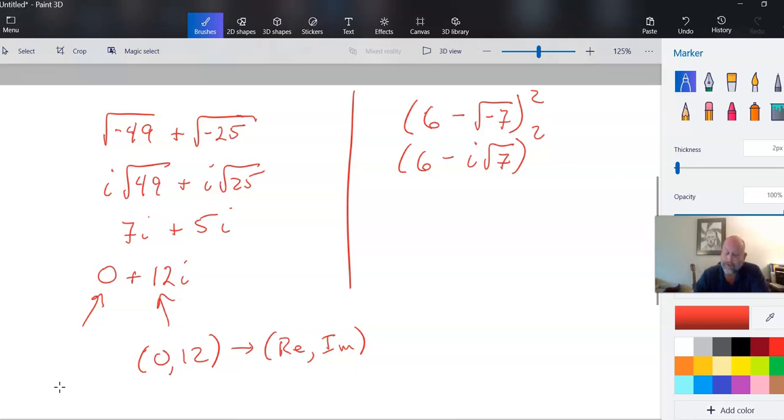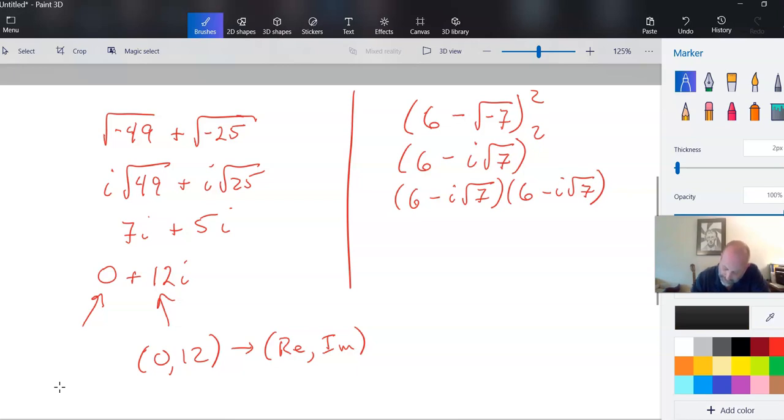Okay, now we got to remember what it means to square a binomial. It doesn't mean square the 6, square i root 7. That is not what it means. What it means is to multiply this entire expression by itself. Right? So that means we have to FOIL it out.